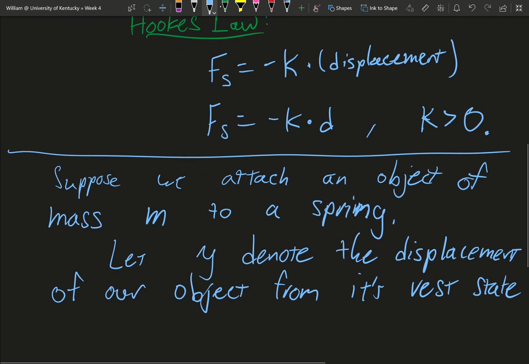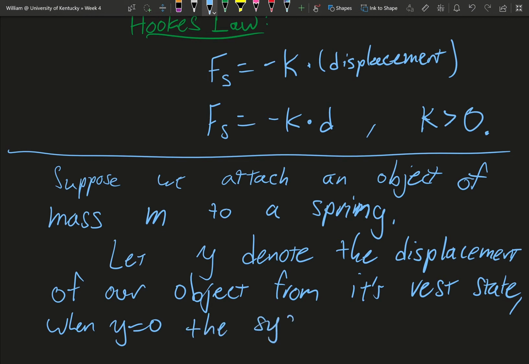So what that means is when y equals 0, this isn't the natural resting spot of the spring. It's the natural resting spot of the spring with the weight attached.